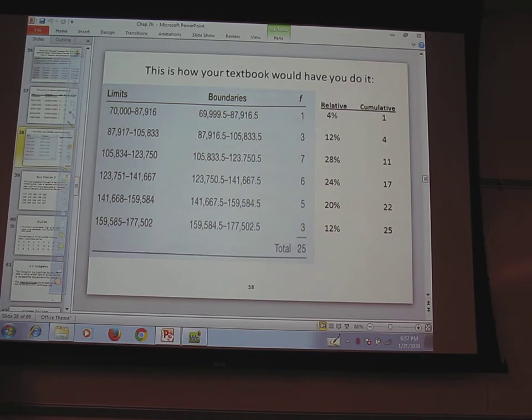So I really have to agree with him that the way we're doing it now is a lot better way of doing it. I have a question. Yeah. What about rounding your data so that it's more readable? Like instead of going to the nearest single dollar. Yeah, that could be something you choose to do.